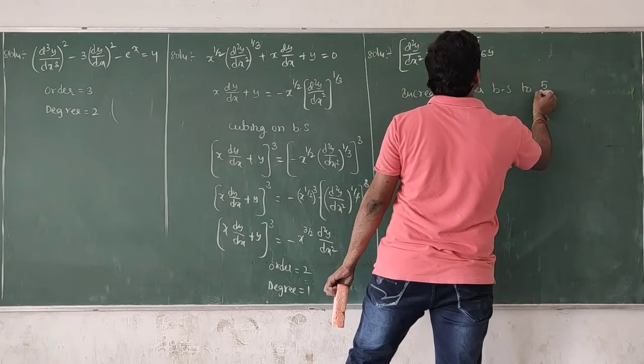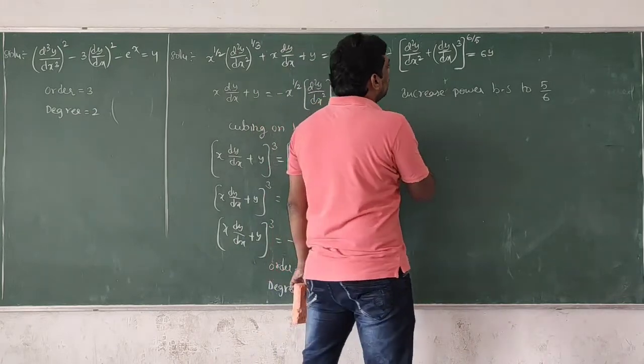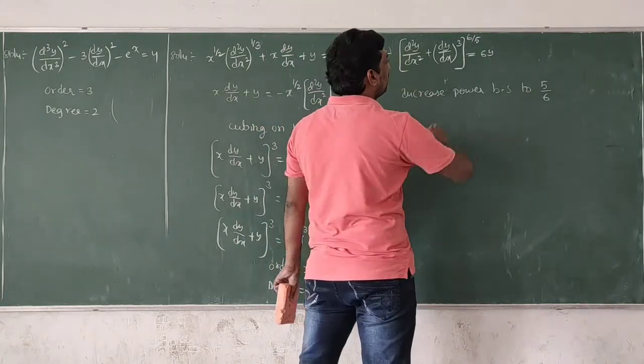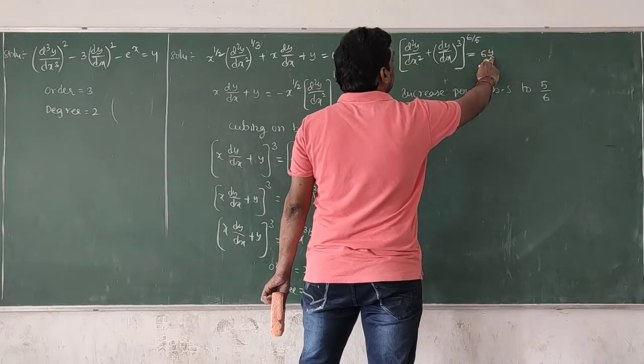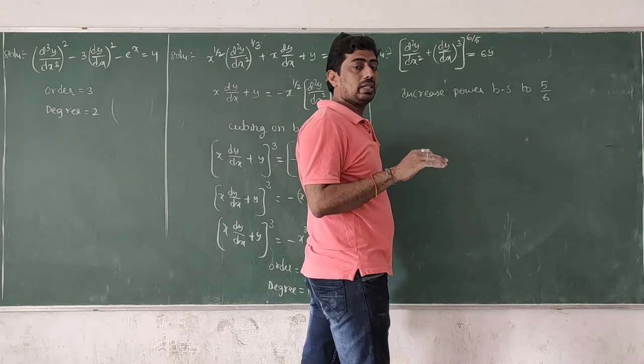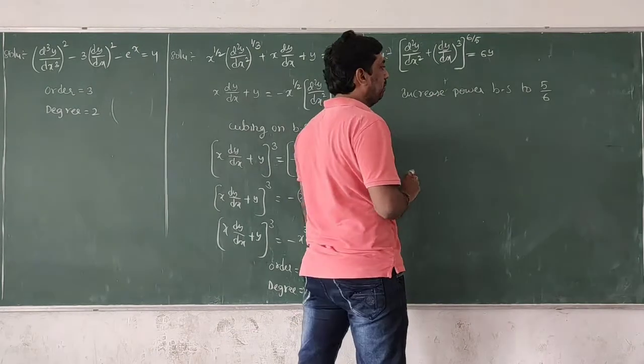Because the fraction is in the variable power, no need; but the derivative power is always a non-negative integer whenever we write the order and degree of the differential equation.